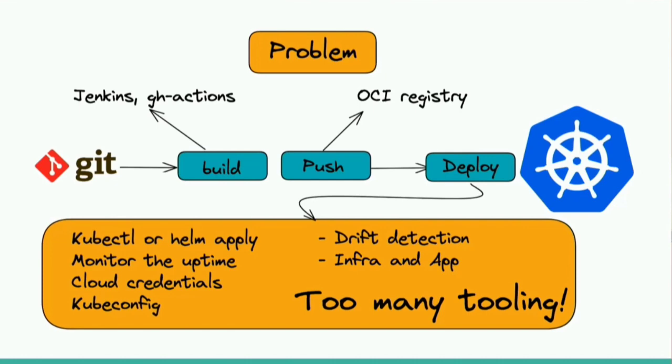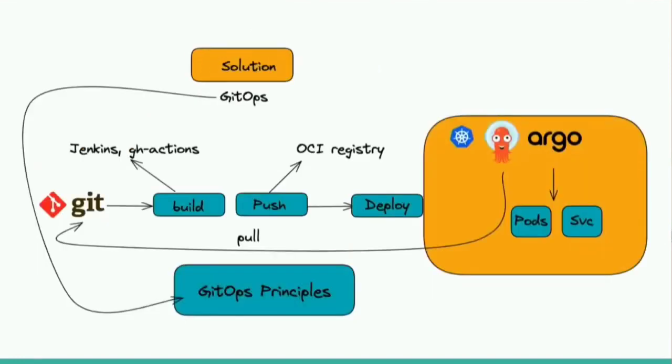As I mentioned earlier, drift detection, the sync between the actual and desired state, was missing, and the infra and app setup had too many tools. So my problem was this with respect to the deployment of my application in Kubernetes.